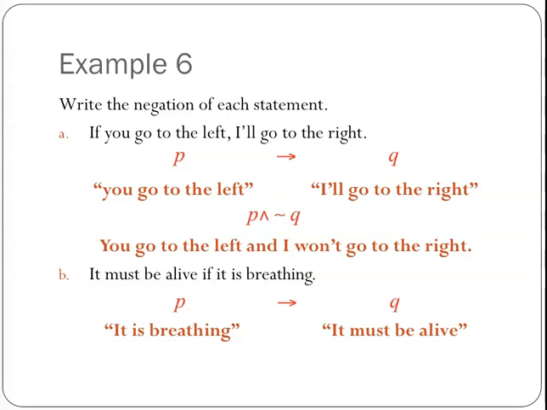Okay. So the negation of this is going to be P and not Q. So now we can write out it is breathing and it is not alive. Okay, remember this is the negation. It's not an equivalent statement of what we're writing. It's the equivalent of the negation, right? So normally you would say, if it is breathing, it must be alive. So the negation of that is it is breathing and it is not alive, right? That's the negation.